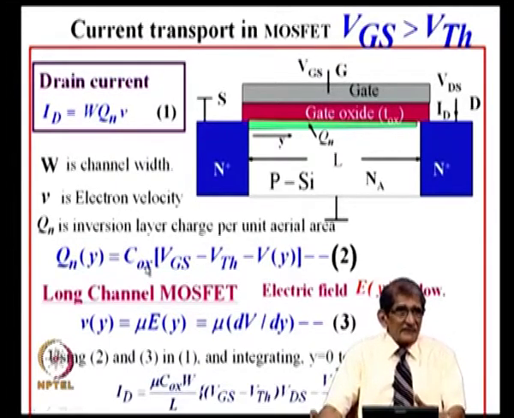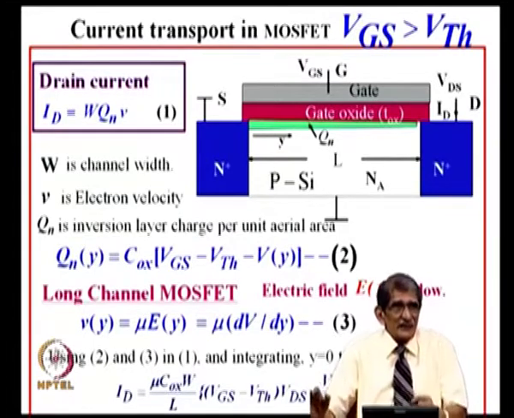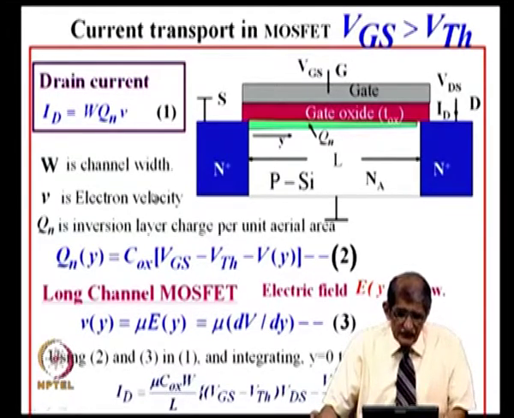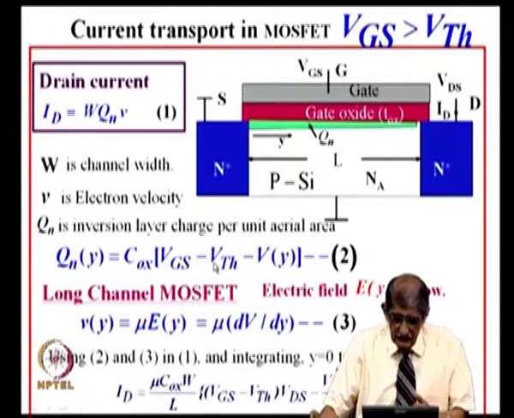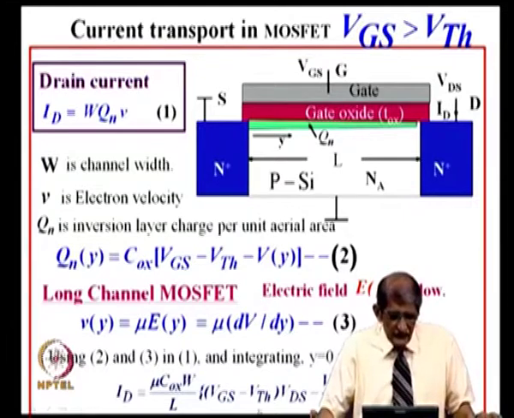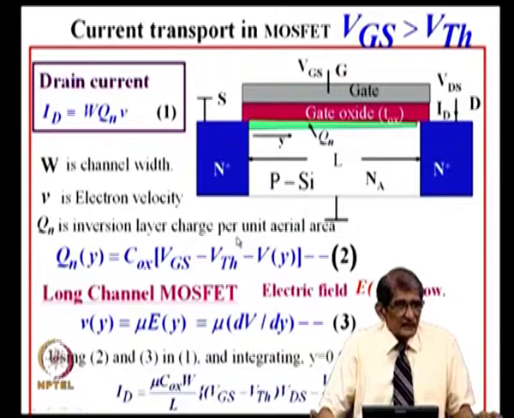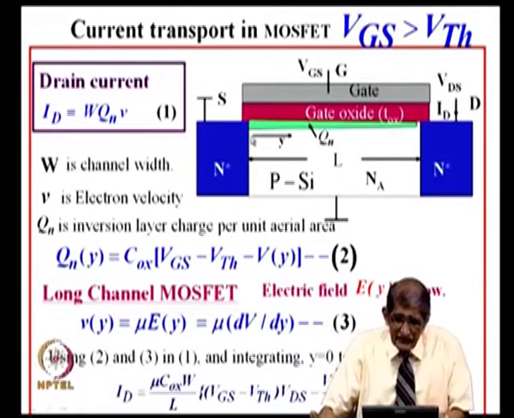And integrate that from y equal to 0 to L and V equal to 0 to VDS, you get this equation. Let me not spend time on that, you can sit down and work it out. It is substitution of these two, integrating from y equal to 0 to L and V from 0 to VDS. Okay. So, this is the equation for the drain current so long as this path is there right through this region.